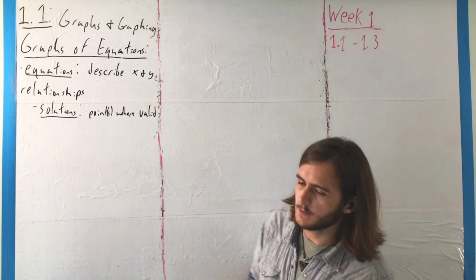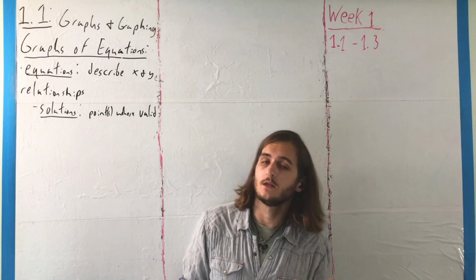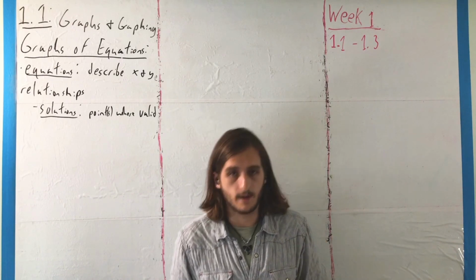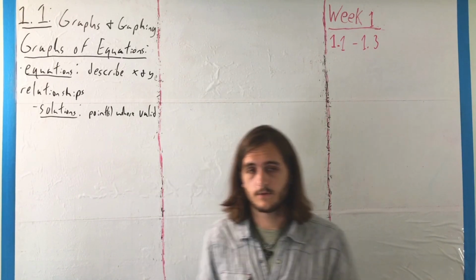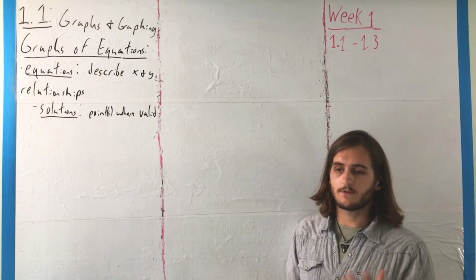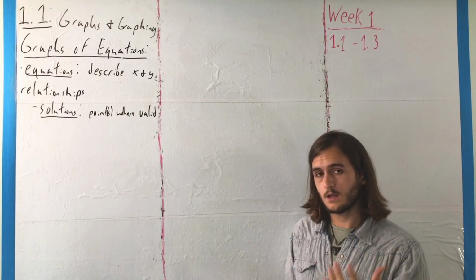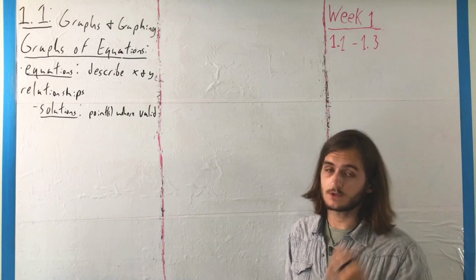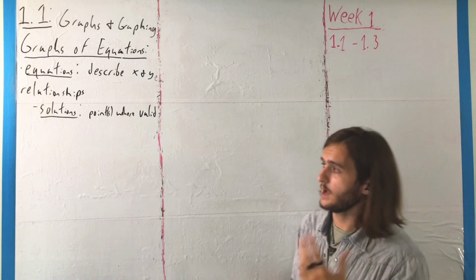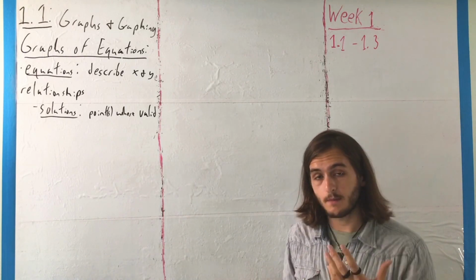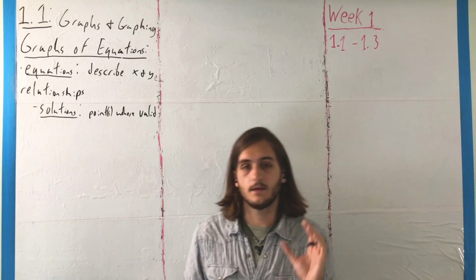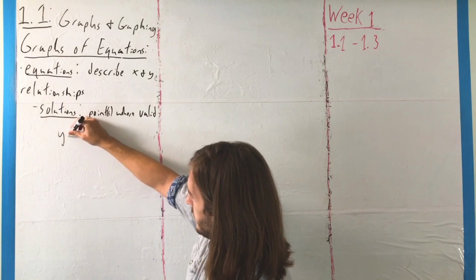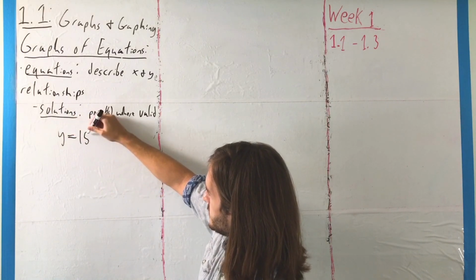Where if you say, okay, let's make Y the amount of money that you get at the end of a shift, and X the amount of hours you work in that shift, then you would be able to say that the value Y, the amount of money you make, is equal to $15 times the number of hours you work, X. And to put that in mathematical shorthand, because that's what the language of math is, it's a really specific shorthand, you'd be able to say something like Y = 15X.